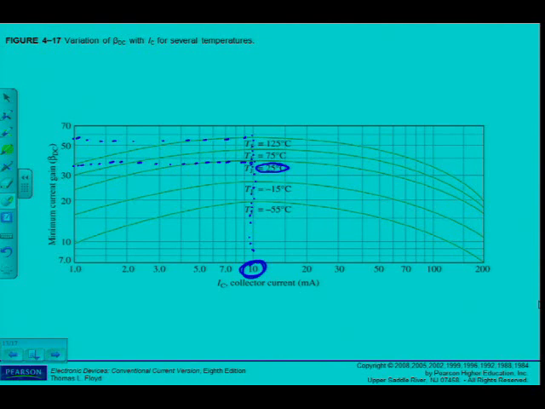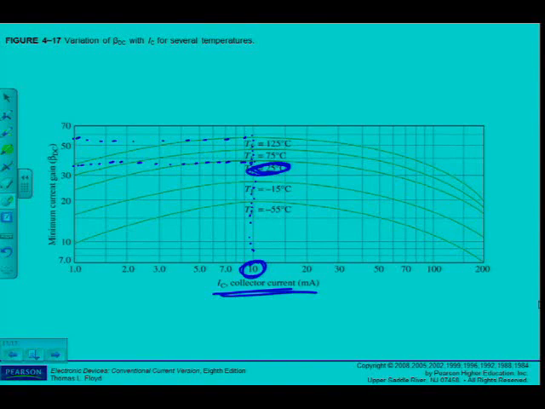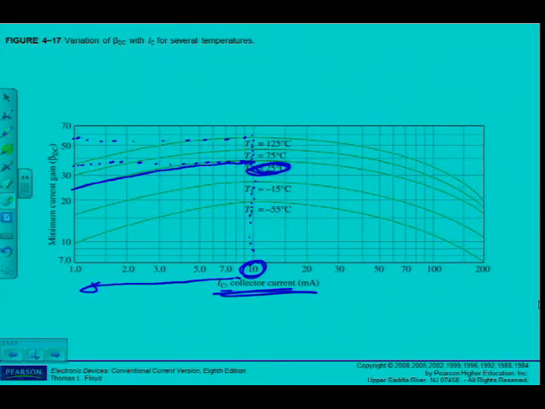Also, say the temperature remains constant at 25 degrees Celsius, but IC changes from 10 milliamps to 1 milliamp. You can see what happens to the curve here. It goes from approximately 37 down to about 25.